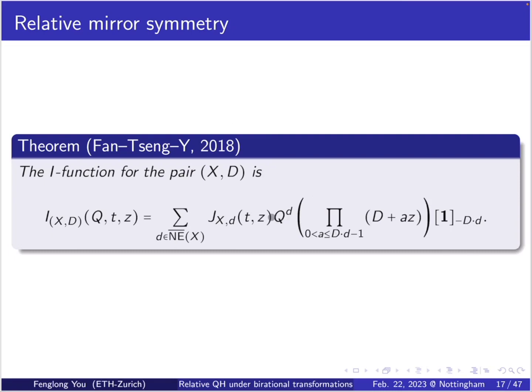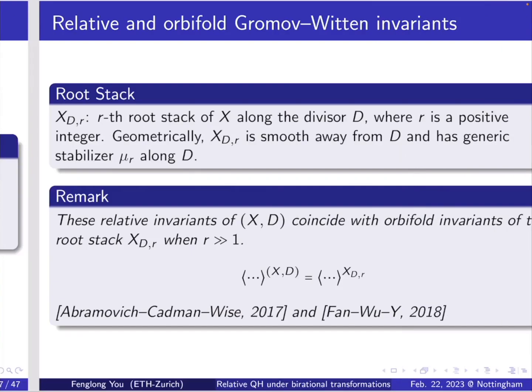It may look a little bit complicated because it has this J_{X,D}, which is a J function of Gromov-Witten theory of X. And if you know about the mirror symmetry statement for X, then you can replace this by some explicit hypergeometric series. So the point here is just that there is an explicit I function, like in the absolute case, and we can study that for the relative quantum cohomology.